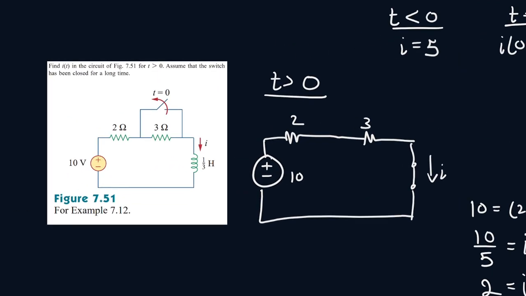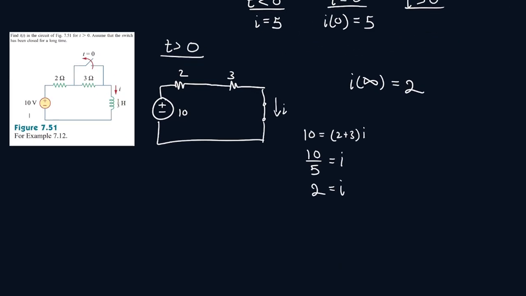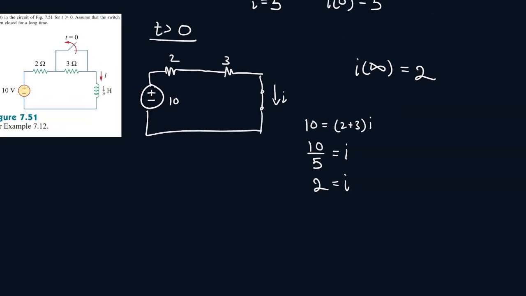So what we know about the circuit is that there was always a source whenever the switch was on or off. So when the switch was on, there was this source involved, and when it was off, the source was still involved. So to solve for the formula for I, we have to use this scary looking formula. I of t is equal to I infinite plus I of 0 minus I infinite times e to the power of negative t over the time constant.